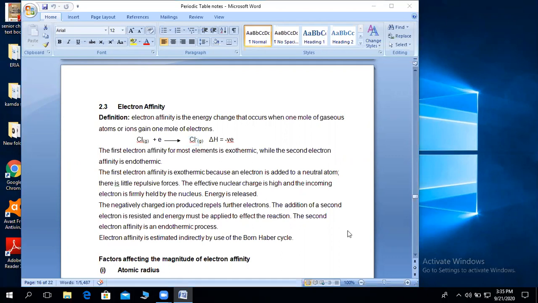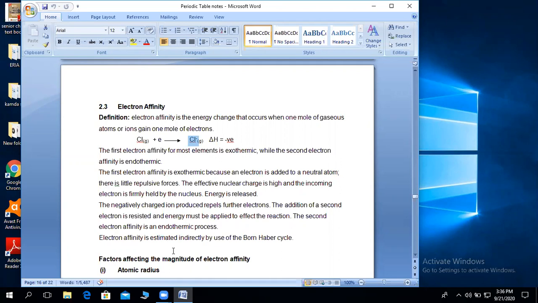So the addition of the second electron is resisted and energy must be applied to effect the reaction. And that is the reason why the second electron affinity is positive, whereas the first electron affinity is negative.